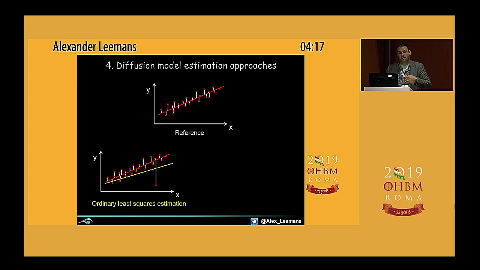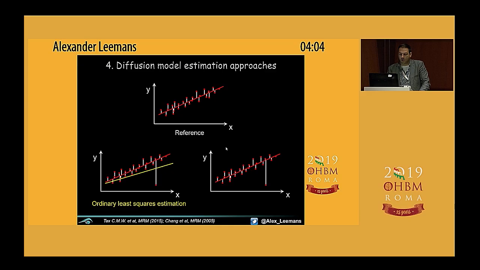If you don't do that, then your ordinary linear least squares, which is typically what most packages use or what the scanner console provides you, will be biased towards the outlier, and you'll get a poor estimate. However, when you do take care of the outlier, you identify it, get rid of it, and then estimate your model with the remaining points, we'll call it robust estimation, you can get quite decent results, right?